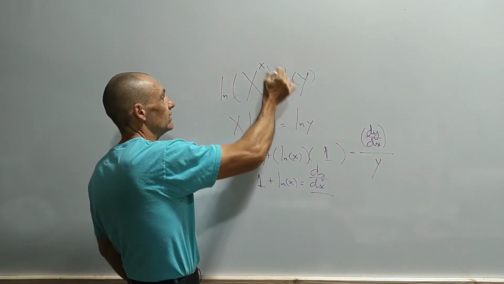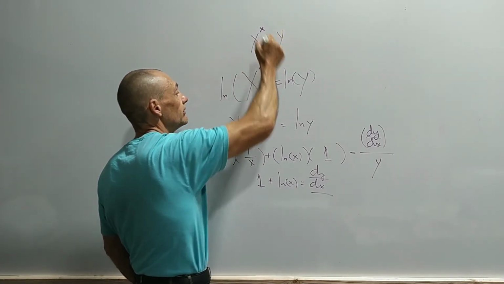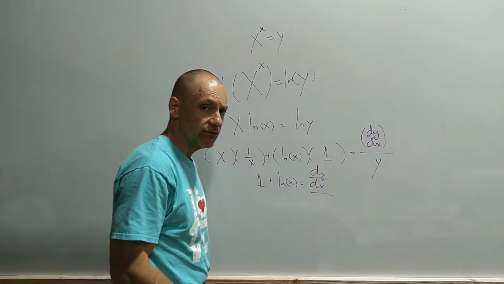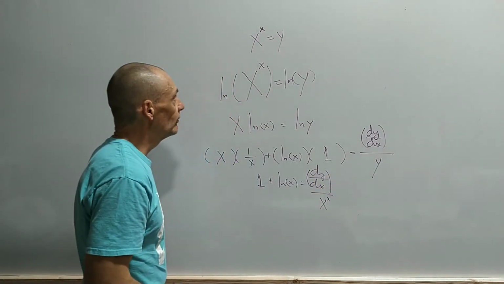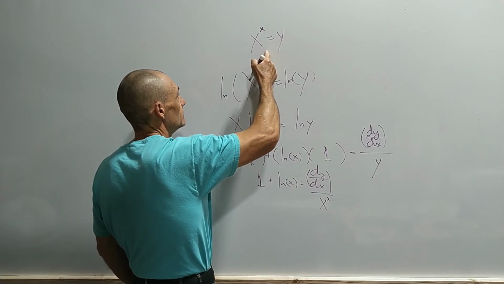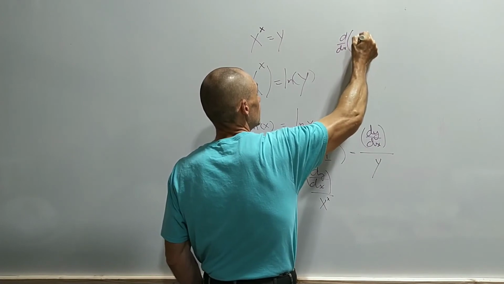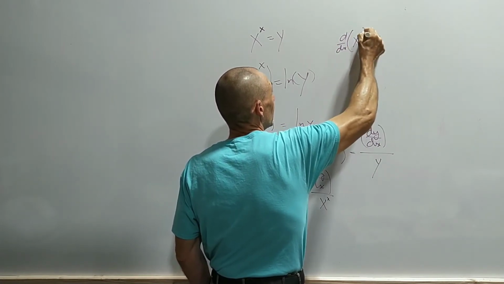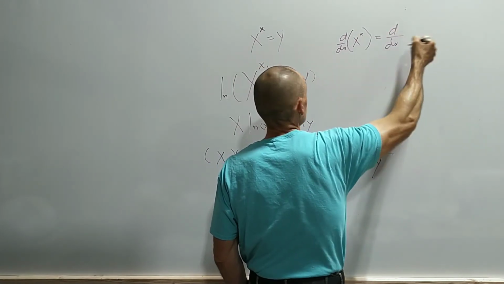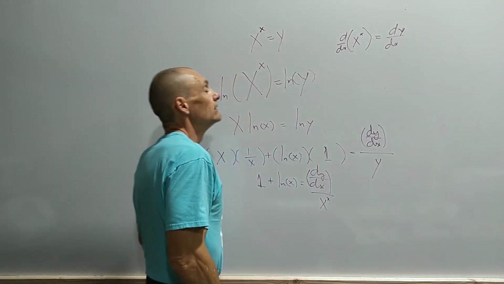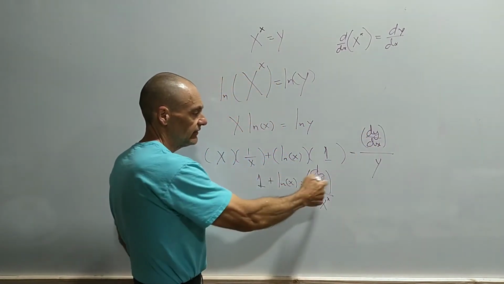But what's y? Well, we had that x to the x equals y. That's what we started out with, okay? So y is actually x to the x. Now, if I want to take the derivative of both sides of this thing, I'm going to end up with the derivative with respect to x of x to the x, and that's going to equal the derivative with respect to x of y. So if I'm trying to take the derivative of this, it is precisely dy dx. So all I have to do is solve this for dy dx, and I'm done.